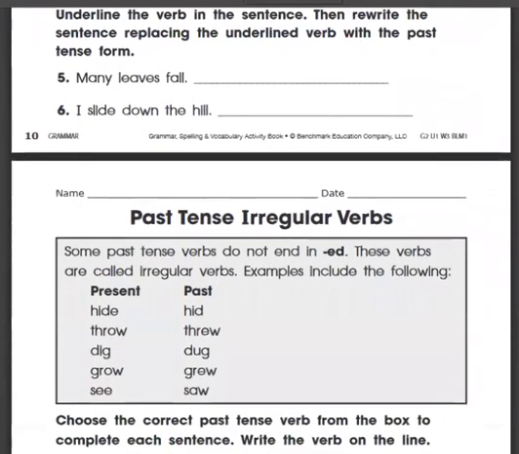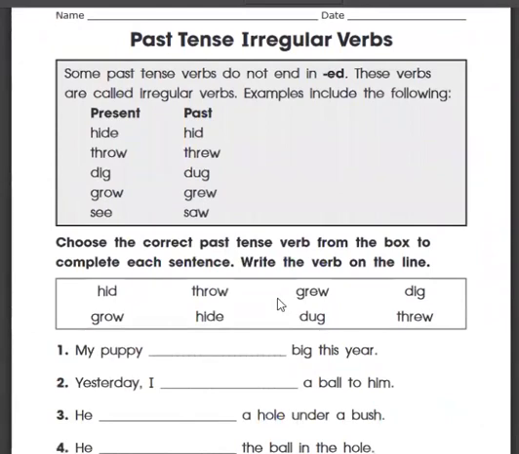Here's our second page, page 11. These are new irregular past tense verbs that do not end with ed. We're calling them irregular verbs. So we have in the present, I hide. Yesterday, I hid.